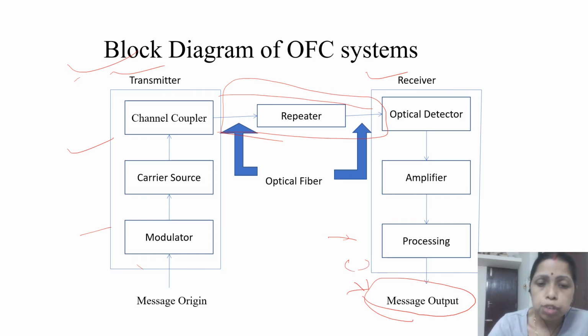Suppose, what can be the message signal? Voice signal, video signal, or any other kind of information. Suppose a mobile phone is used to send a voice signal as well as a video signal.